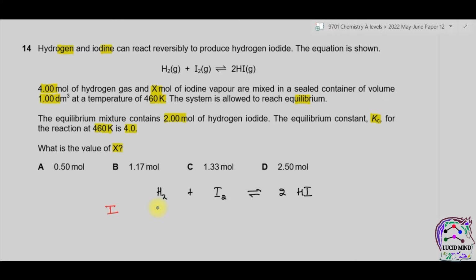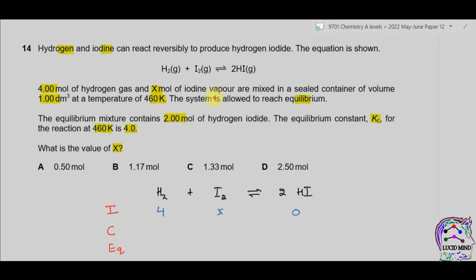We have 4 moles of hydrogen gas and X moles of iodine vapors. And initially the amount of product formed is 0 because the reaction has not started yet. Then after a while there will be some change in the concentration, the reactants will decrease, the product will increase, and then after change there will be equilibrium.